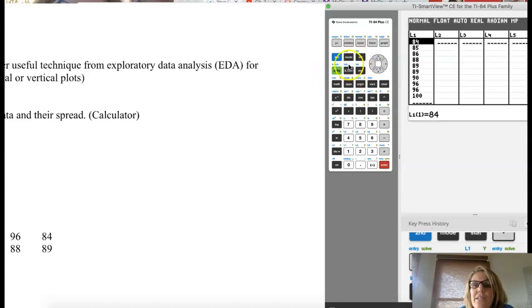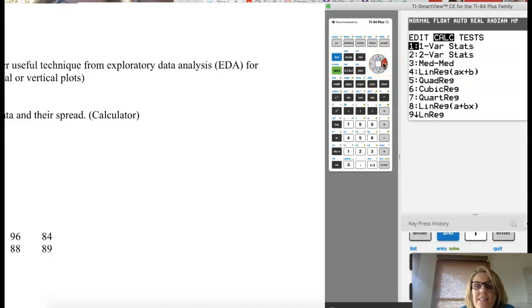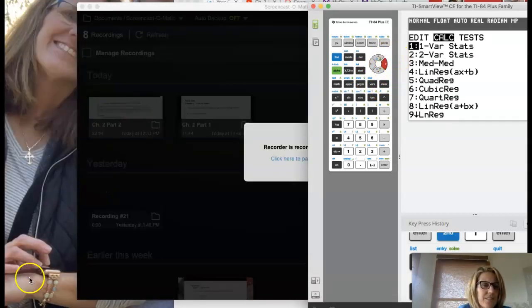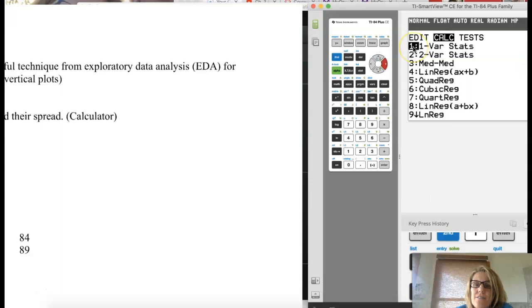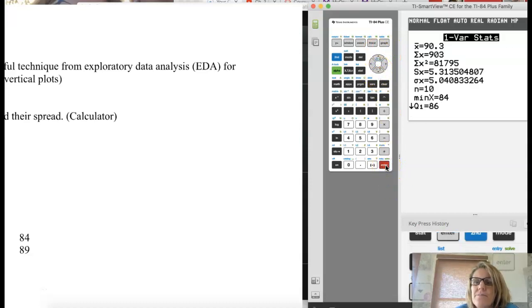Okay, so the other thing we can do, which is kind of handy here, we're going to do second quit. We're going to go stat, and this time we're going to go over to calc. Now this is going to be important, and one of our stats we're going to use a lot in the next 2 sections. It'll show us the mean and standard deviation, but for now, just hit enter. We're going to leave the frequency blank, and we're just going to hit calculate.